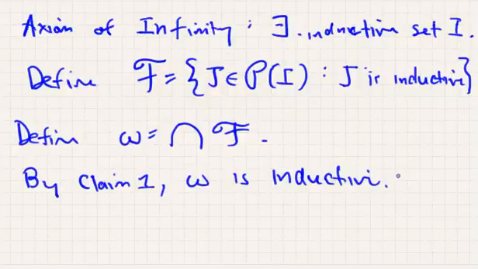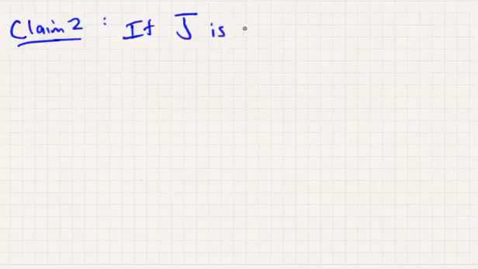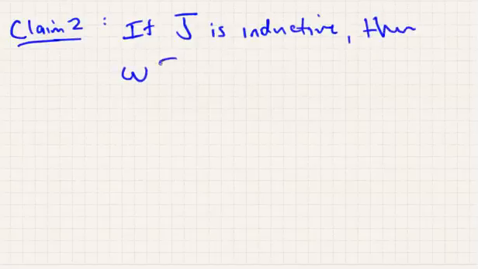So the next step we need to show, claim 2: if we have any other inductive set J, then omega is a subset of J. So proof, how do we do this?